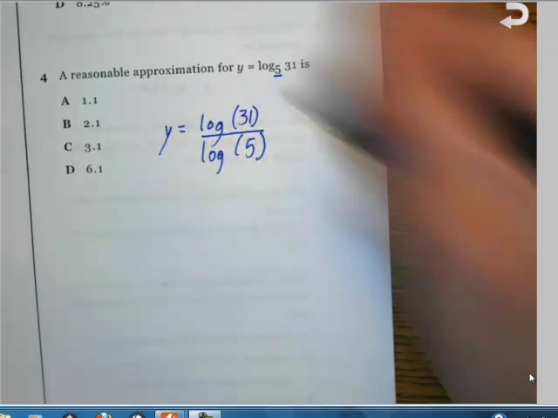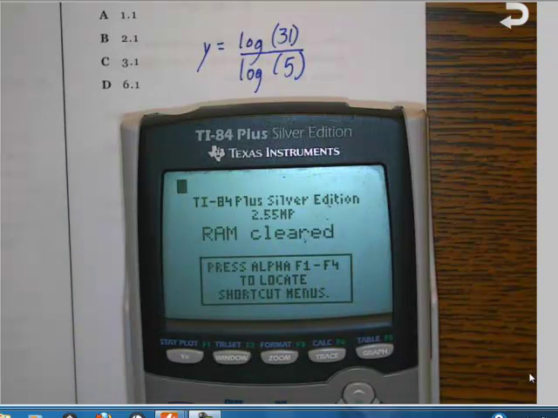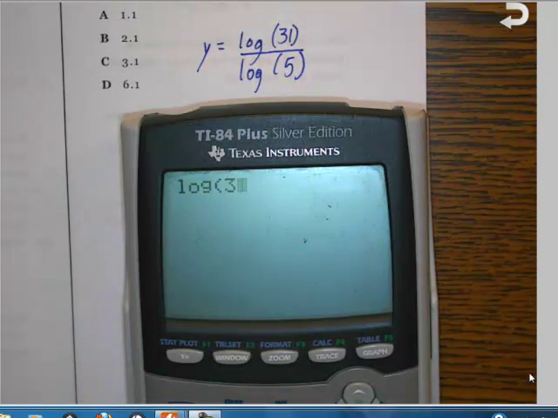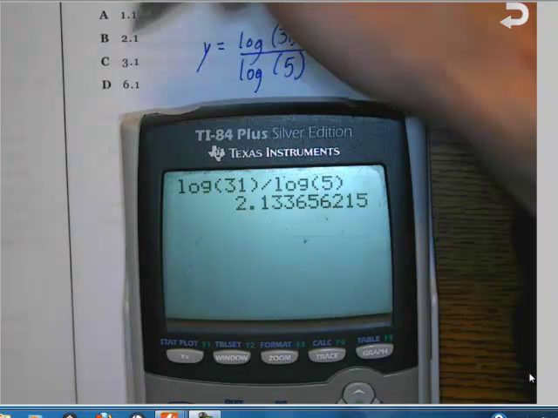Remember, 5 is your base, and when you do your change of base, your base is down low. Gotta get low. Alright, so on your calculator, you say the log of 31 divided by the log of 5, and that gives you 2.13, which is about 2.1.